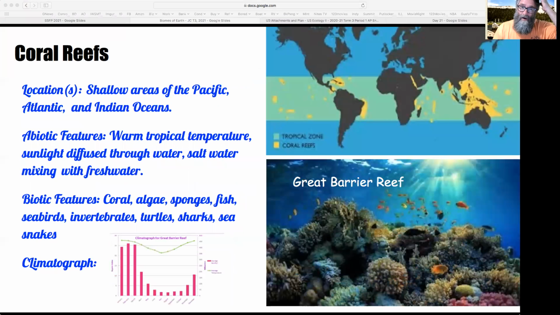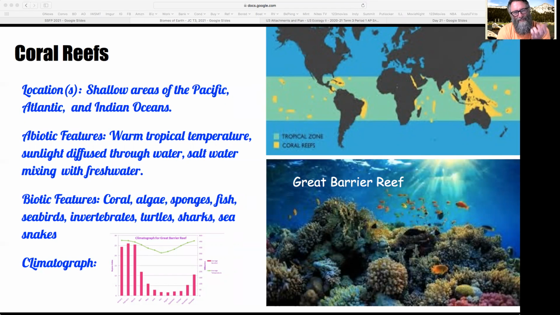Coral reefs are basically the tropical rainforest of the ocean. So here you do need a climatograph because these are tropical only. Coral reefs also tend to be shallow. There's a few exceptions, but they're almost always warm, shallow, tropical water.